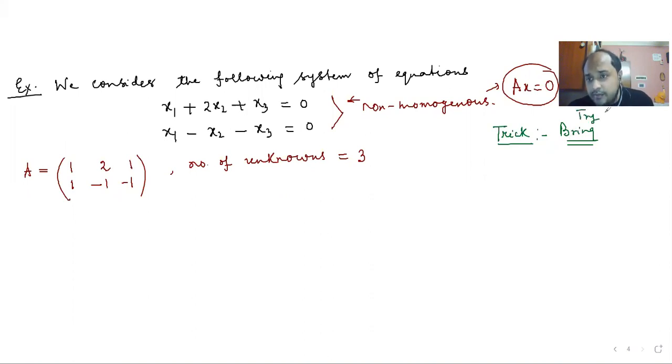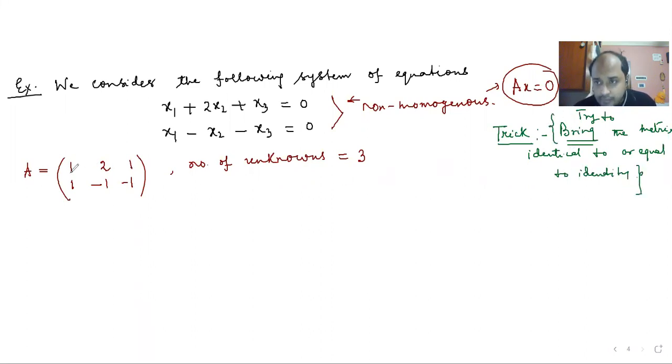Try to bring the matrix identical to or equal to identity. That is the trick. If you do so, or at least can do so, then you will actually be dealing with a reduced row echelon matrix. So to find rank, I will keep the first row fixed, so R1 will remain fixed.